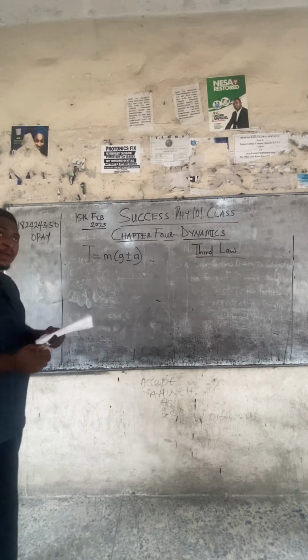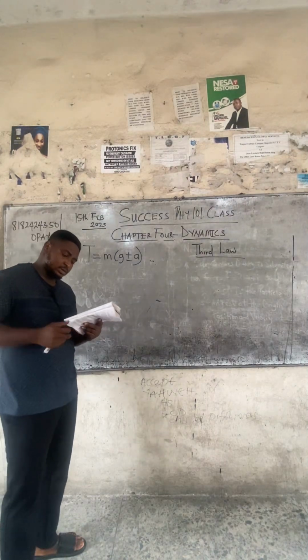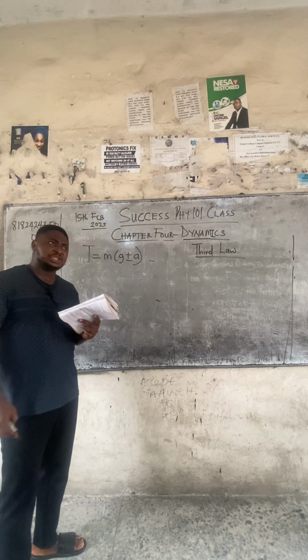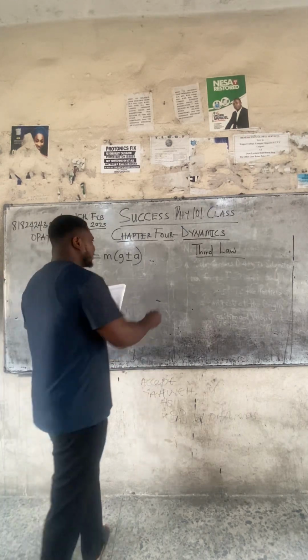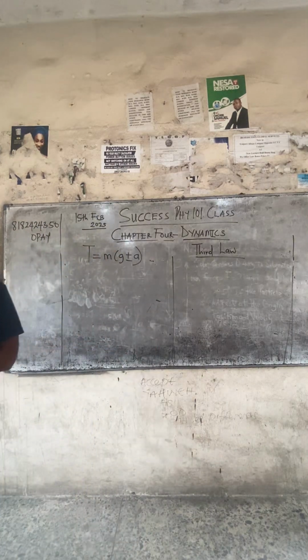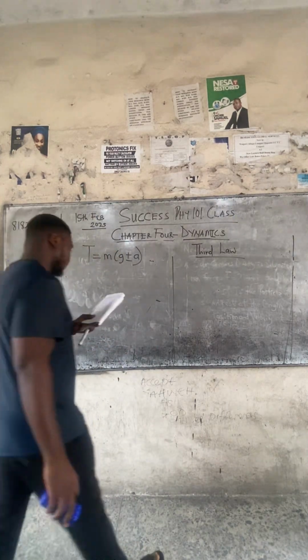Calculate the boy's apparent weight if the elevator moves upward with acceleration of 3 meters per second square.